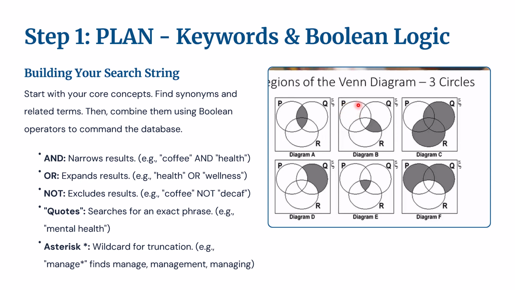If you don't want a keyword to appear in your result, you just use not. That keyword won't appear in your result. Here is the example in diagram B: the P here will not appear in the result.